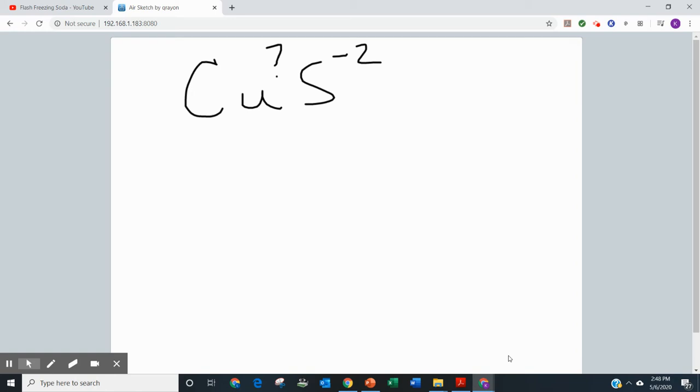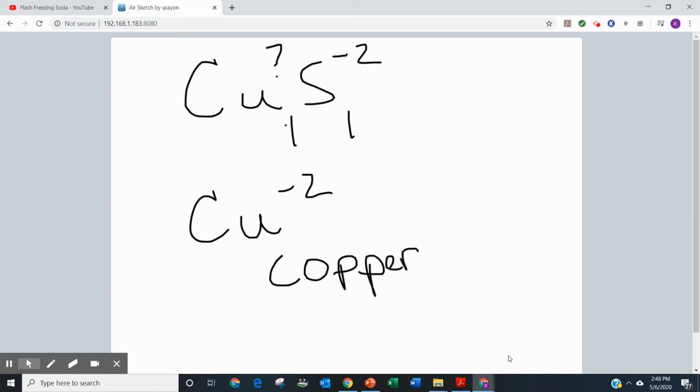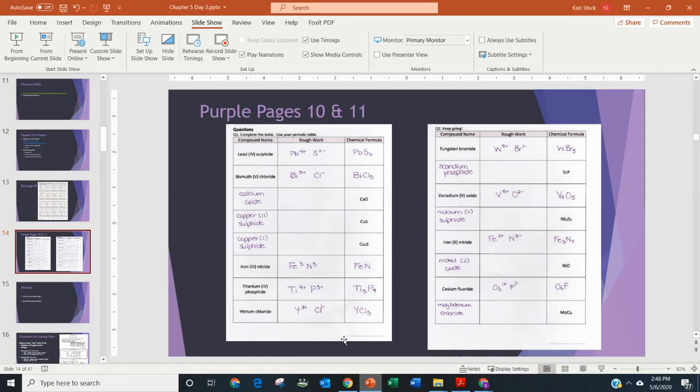But since the formula we have for copper sulfide here is they both have a subscript of 1, we know that the sulfur has -2, so therefore the copper has to have a +2 charge, which makes this copper 2. Okay, so that's how we get that name.